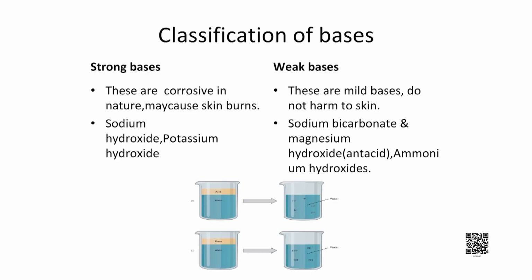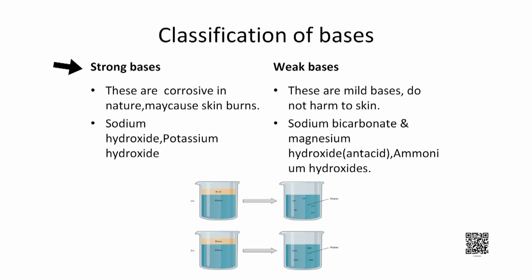Next, we'll move towards classification. Bases can be of different strength. Depending on how powerful or strong a base is, we classify bases into two categories: weak bases and strong bases. How would we distinguish between strong bases and weak bases? The strong bases are highly corrosive in nature.